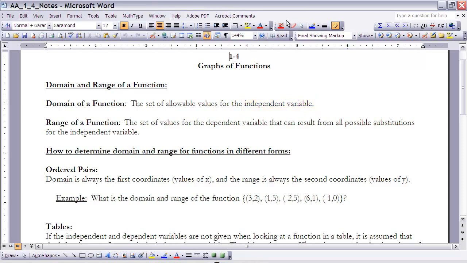There's a lot of different things we can do with functions. But if I have, for instance, an equation of y equals 3 over x, as I look at that function, the domain is all the numbers that I can put in for x. Anything that can go in there.